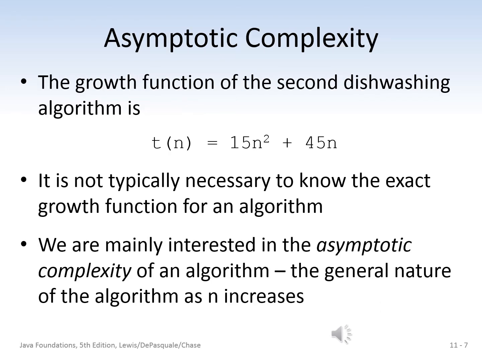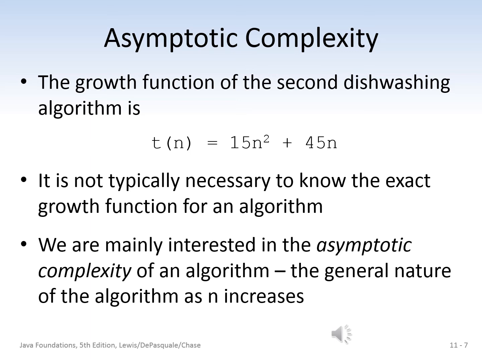Here we introduce a key term in this lecture, asymptotic complexity. So the growth function of the second dishwashing algorithm is T sub n, which is 15n squared plus 45n. It's not necessary to know the exact growth function for an algorithm.